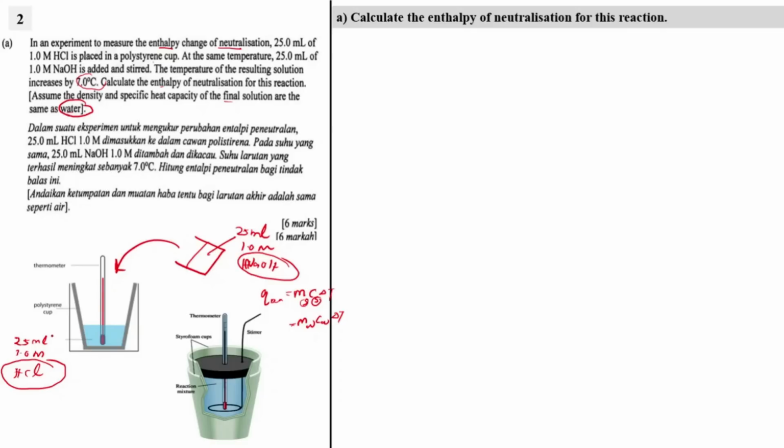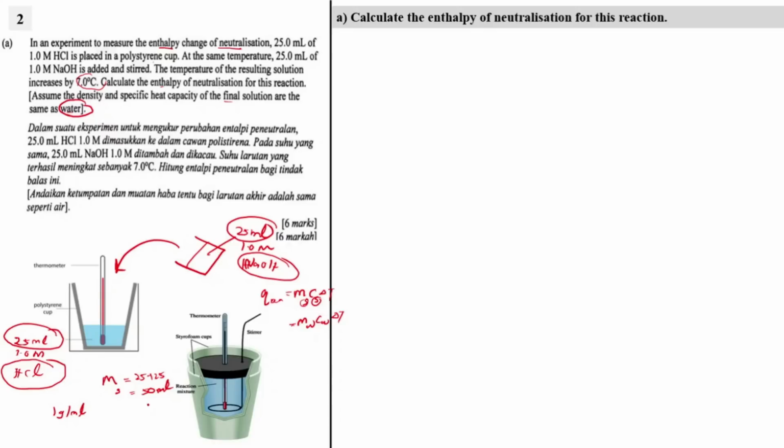So initially, we have 25 ml of HCl, but now we add another 25 ml of NaOH. So therefore, our final solution will be 25 plus 25 ml, so we have 50 ml. It has the same density as water, so 1 gram per ml.